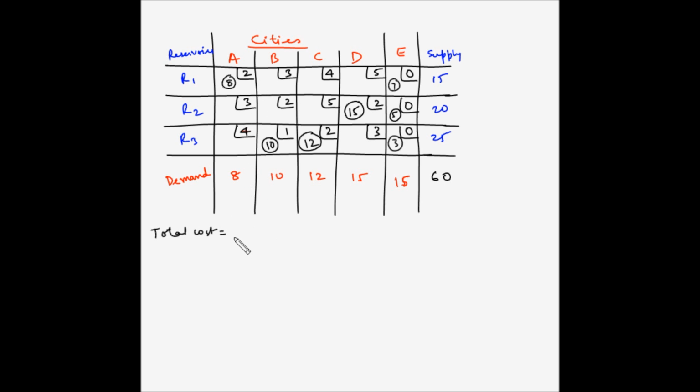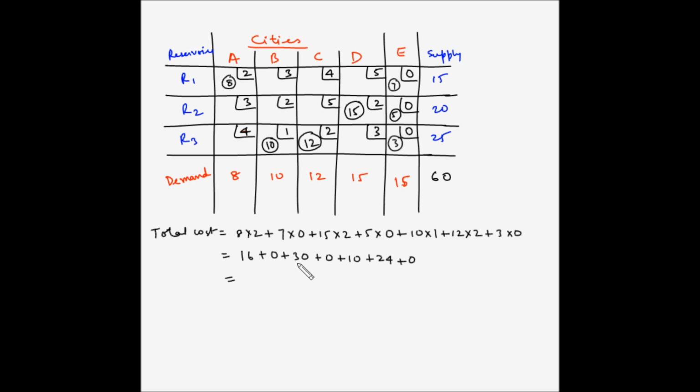So 8 multiplied by 2 plus 7 multiplied by 0 plus 15 multiplied by 2 plus 5 multiplied by 0 plus 10 multiplied by 1 plus 12 multiplied by 2 plus 3 multiplied by 0. 16 plus 0 plus 30 plus 0 plus 10 plus 24 plus 0.